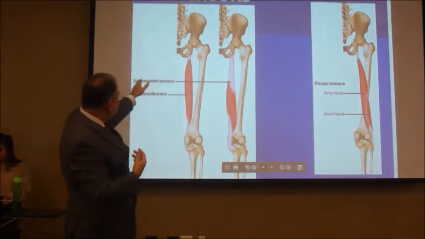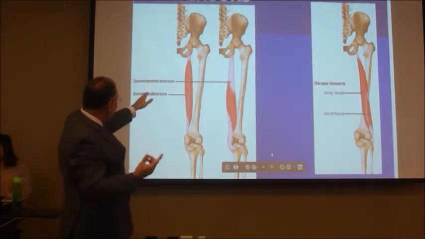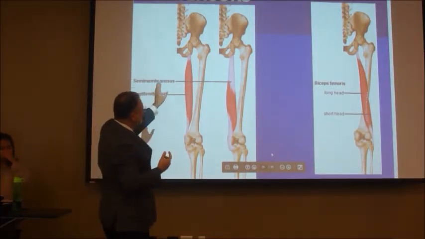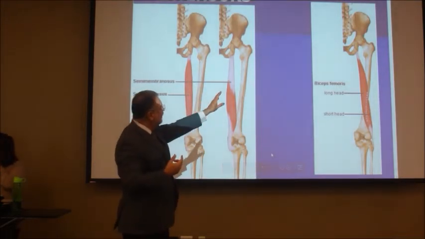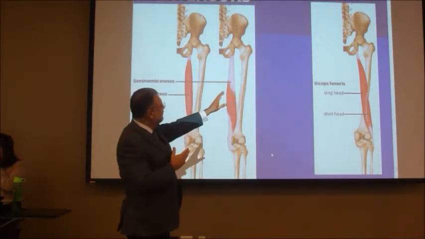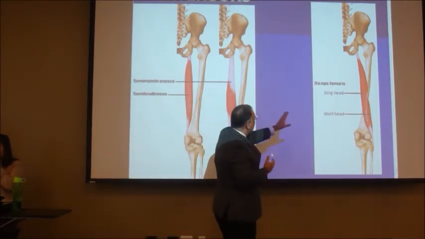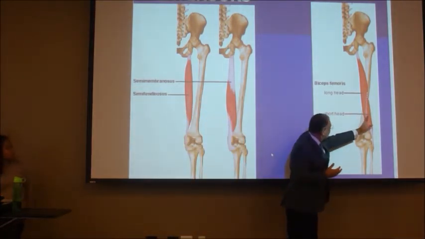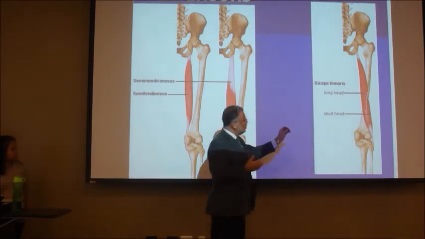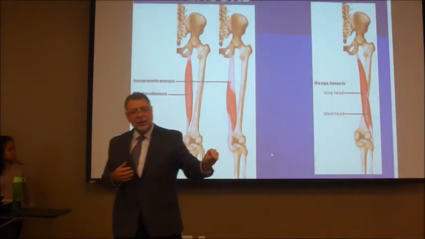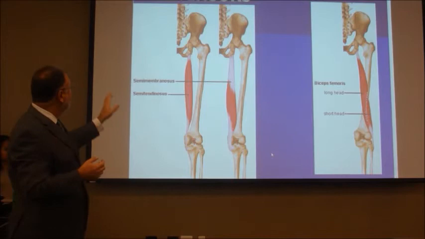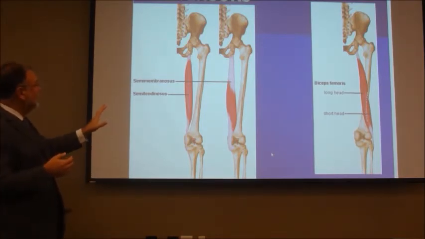The origin of these three muscles, as well as the gracilis, is the ischium, and part of the gracilis is also from the pubis. But the biceps femoris ends up in the head of the fibula. All of them are extensors of the hip, and they also work for flexion of the knee.